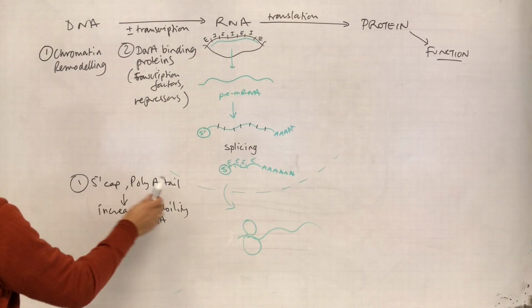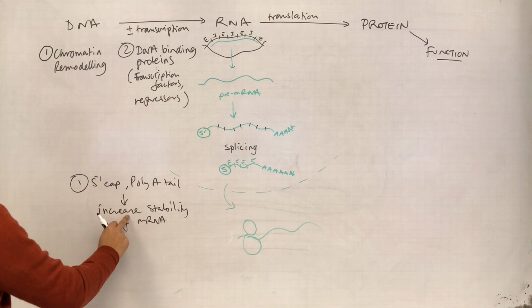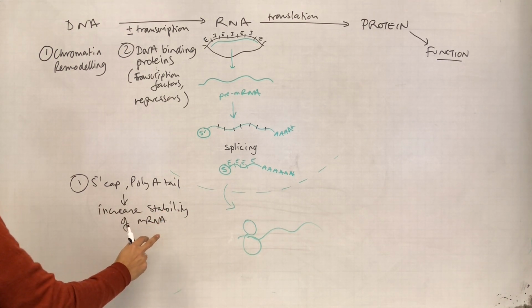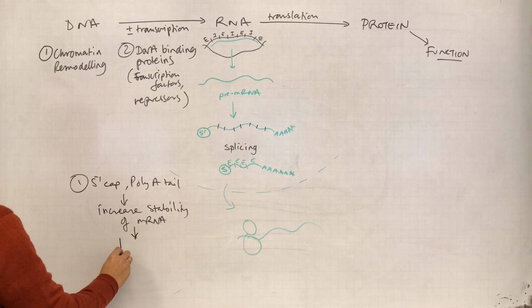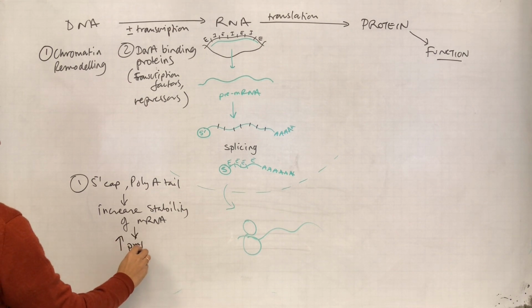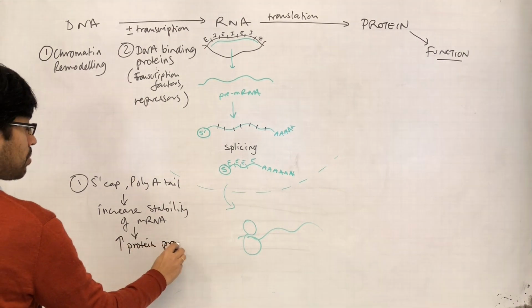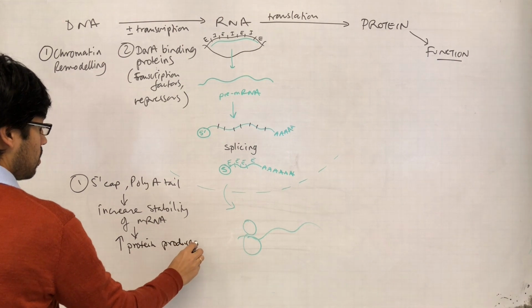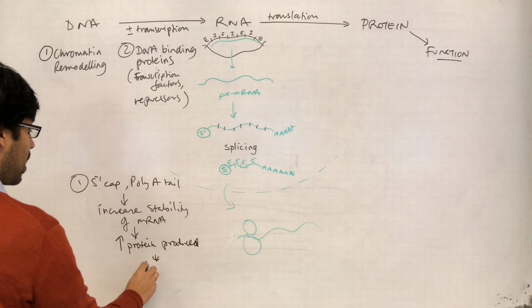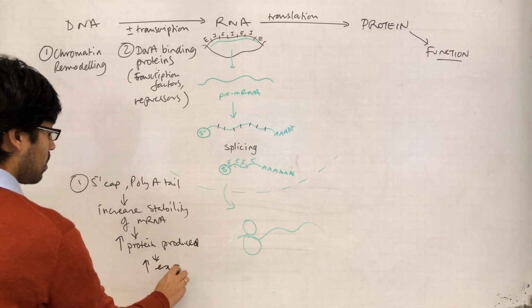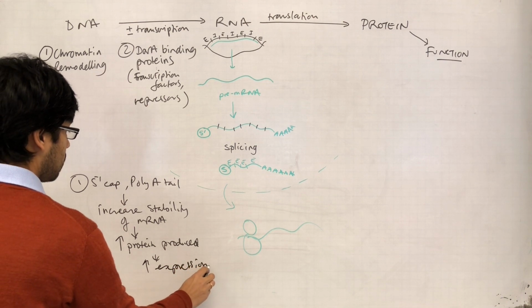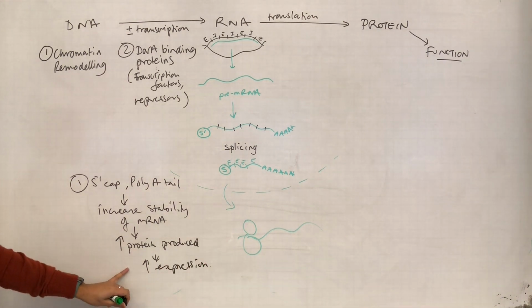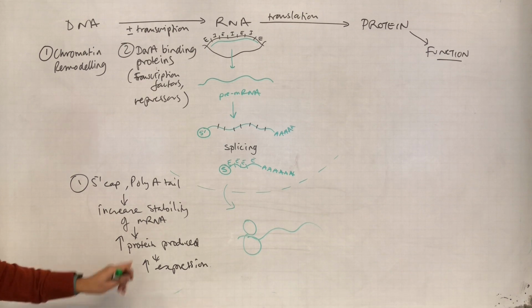Okay, so the effect of increasing the stability of the mRNA is that we get more protein produced by translation, and therefore we have increased expression. I hope that makes sense.